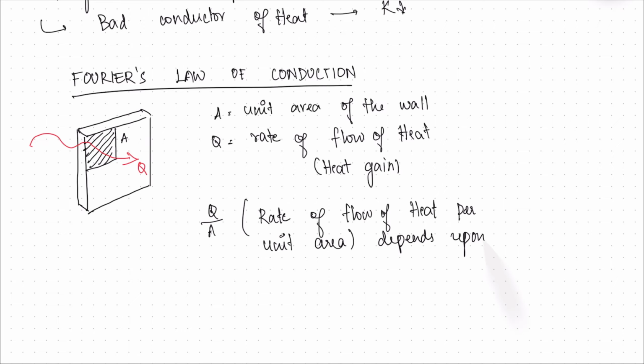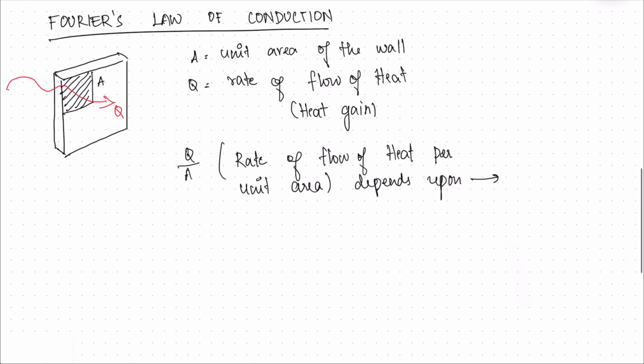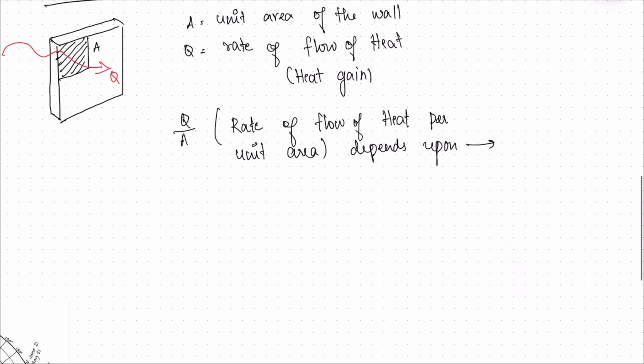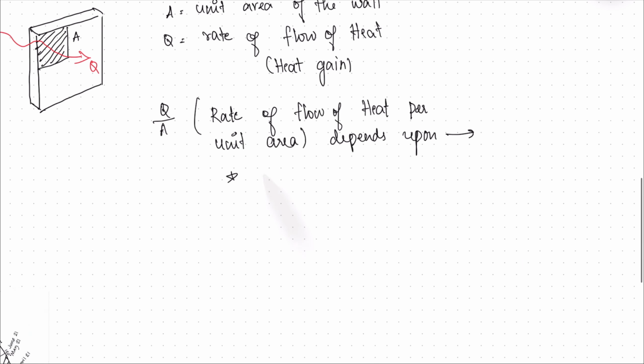Let's consider the factors first. Firstly, it depends upon the material, what material the surface is made up of, and the thickness of it. If it's a wall, then what is the thickness of the wall? And lastly, the temperature difference between the exterior and the interior surface.